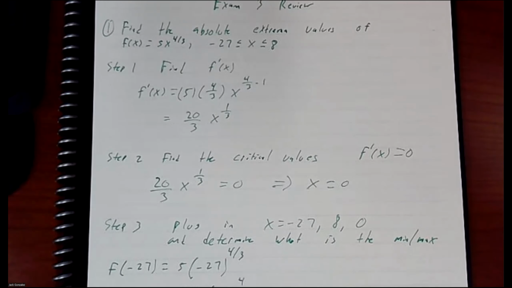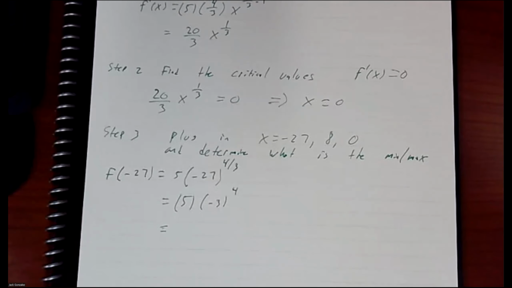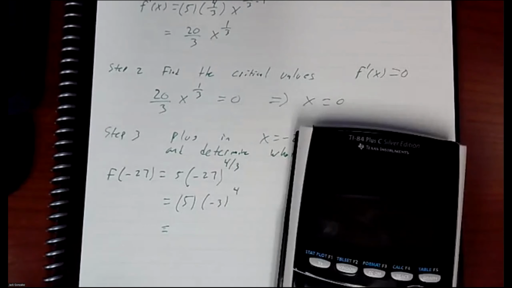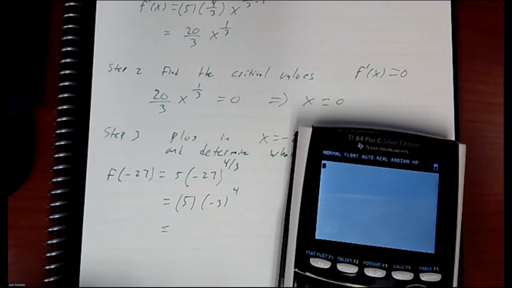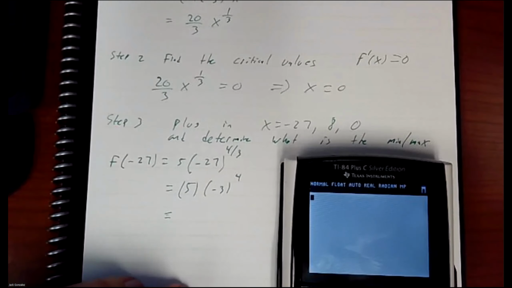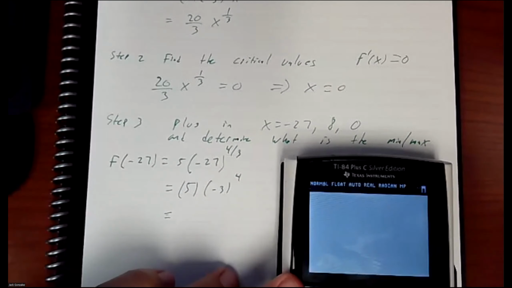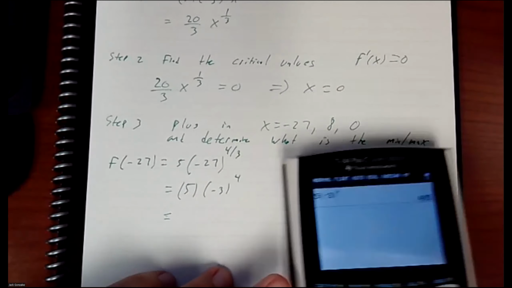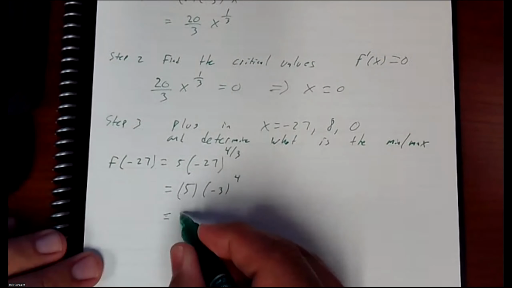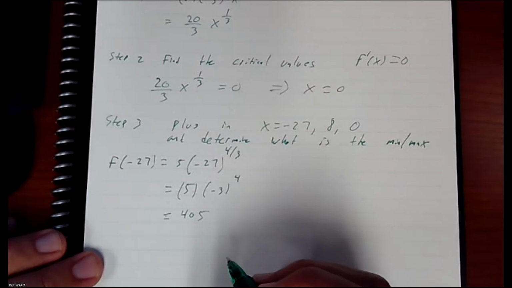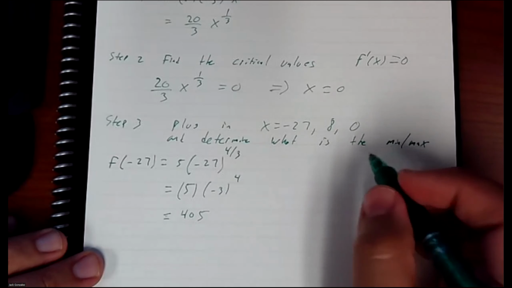Let's get our calculator out and check. So 5 times negative 3 to the 4 is 405.